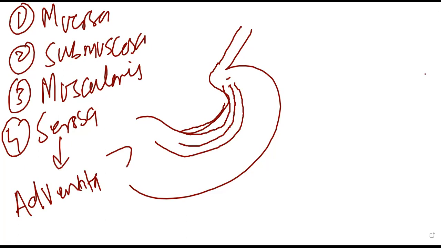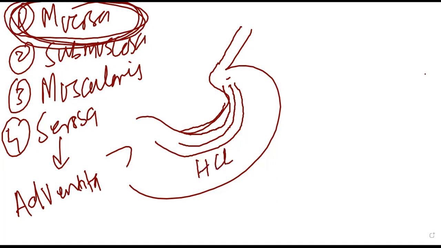As we know that the stomach contains gastric juices, and it's like a poison, so it can harm the stomach, but these layers provide protection to the stomach. But the most protective layer of the stomach is mucosa. It protects the stomach from these juices like HCl or other gastric juices or digestive juices.